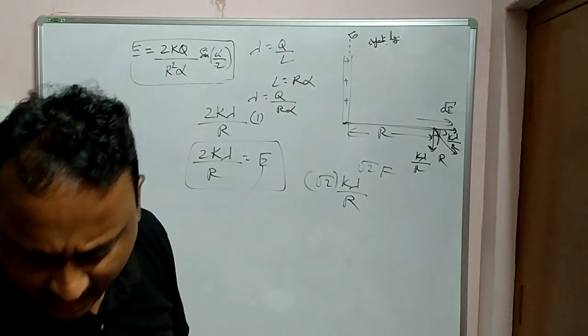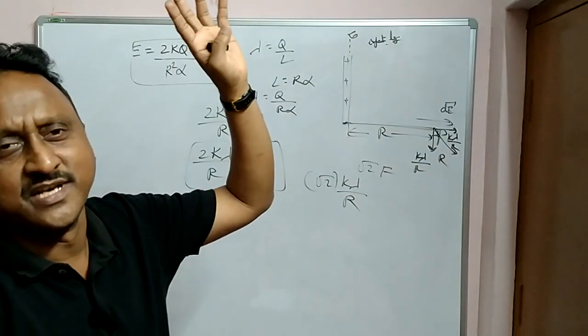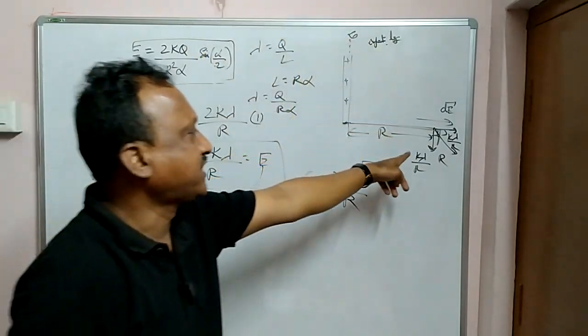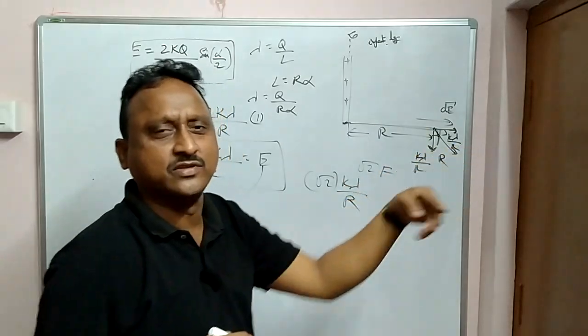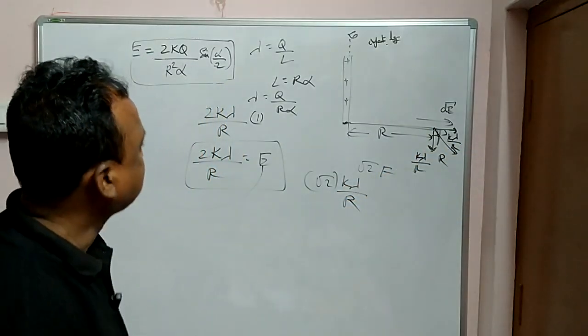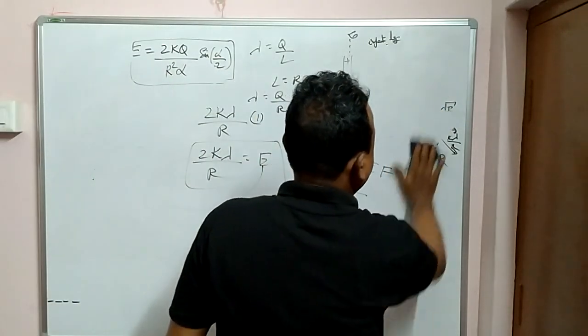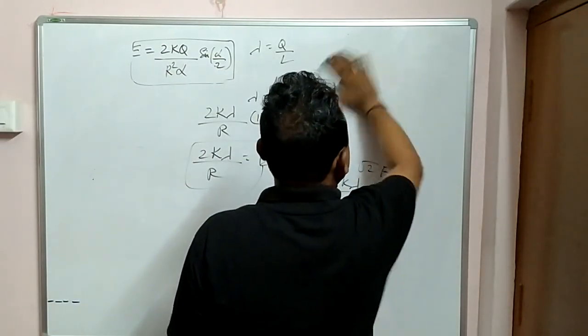So this is for a semi-finite positive charge: two equal forces acting at right angles, net √2 F, so √2 k lambda by r, where r is the distance. Clear? I think one more is left over, that is the ring.